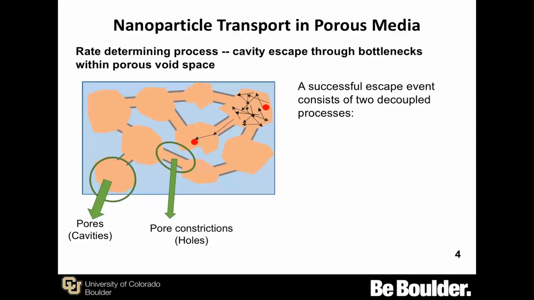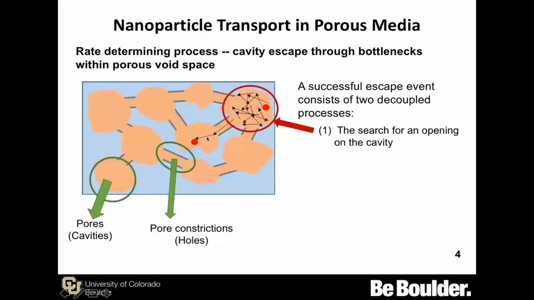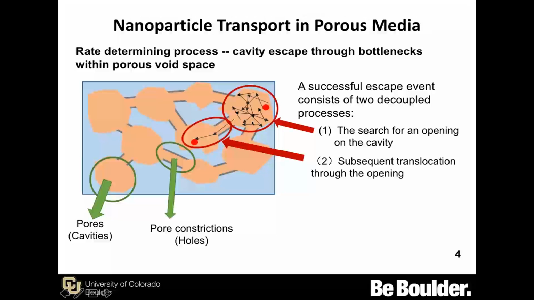We consider this as a rate-determining process, which is how the particles transport from one confined space to another confined space. And this escape process usually consists of two decoupled processes. First, you need to search for the opening on the cavity. Second, you need to translocate through the opening.